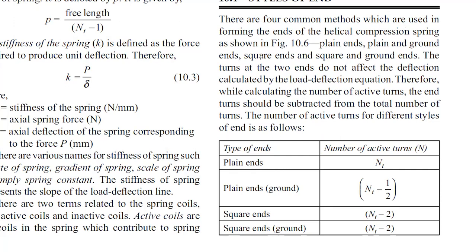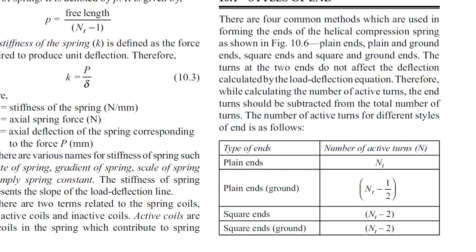Once you have the value of the total number of turns, you can then calculate the number of active turns, N. So for the plane end, it is equal to the number of active turns.